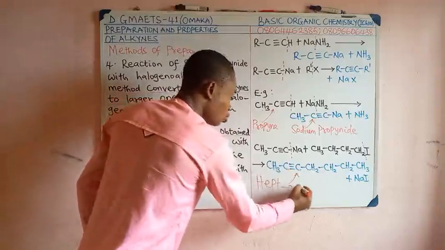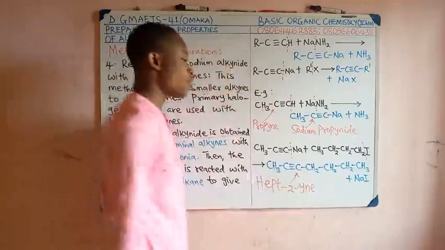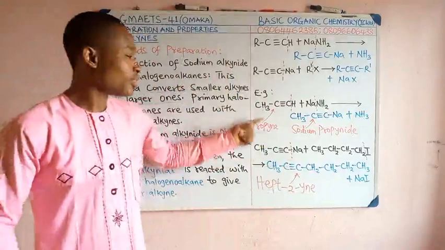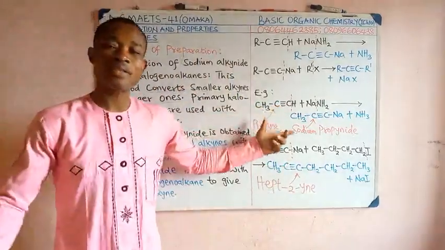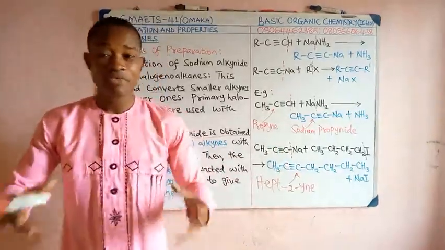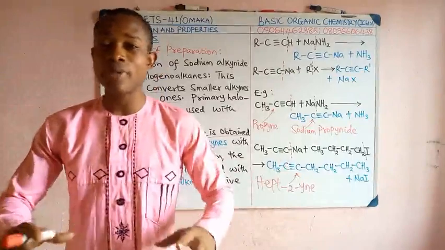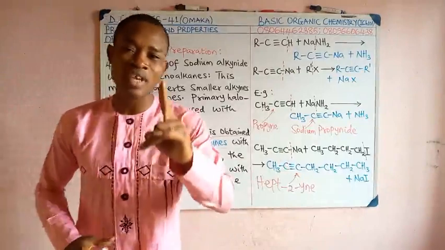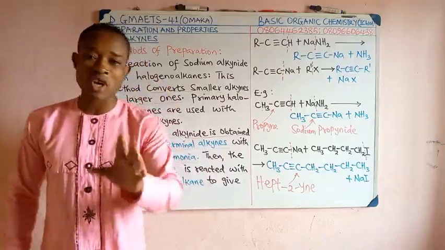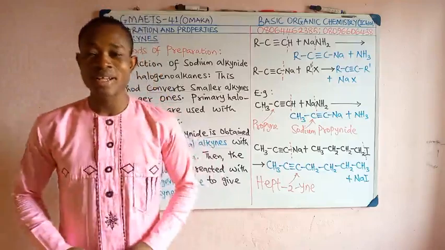So you see how we obtain a larger alkyne, hept-2-yne, from a smaller one, propyne, 3 carbons to 7 carbon atoms. In the next video, we're now going to look at the properties of alkynes. First, a little tip about one important physical property of alkyne, and then we'll focus more on the chemical properties.